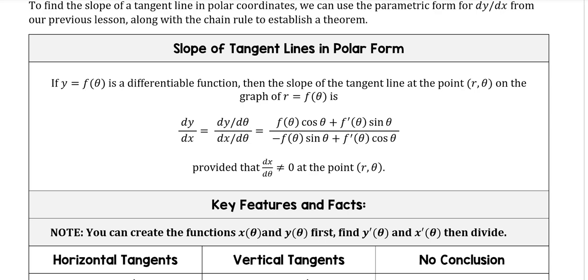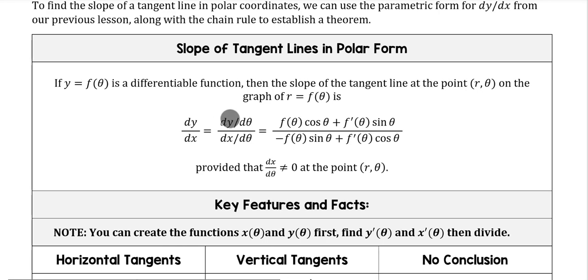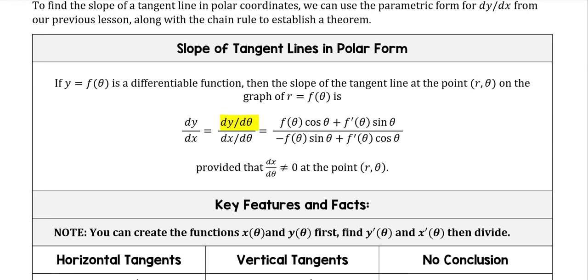If you notice, we are still using our relationship dy/d theta over dx/d theta, which from the last lesson is how we find the derivative in parametric form. So we end up having to use the chain rule here. So we have f of theta cosine theta plus f prime of theta sine theta, and for dx/d theta we also have to use the chain rule.